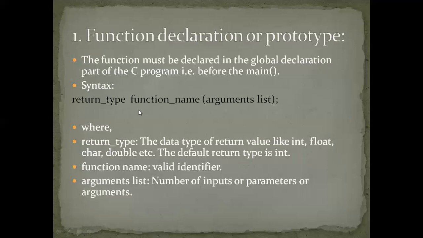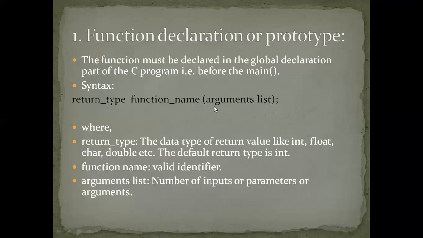You can give any function name that makes some sense. If you are adding two numbers, you can name it summation. If you are going to find the factorial of a number, then give fact. The third one is the argument list. The argument list is nothing but the number of inputs or parameters passed to the function.